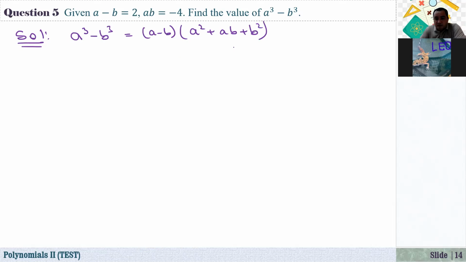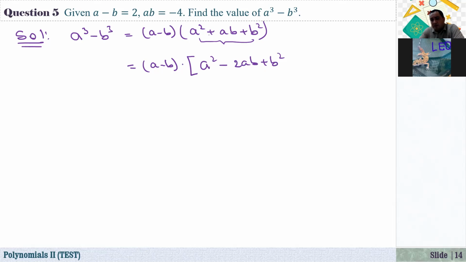And also I can continue. I can just write this one in terms of a minus b and ab. How? Equals a minus b, right? And this a squared, if I just add ab and subtract ab, here we have a squared minus 2ab plus b squared. Now I'm just adding minus 3ab and subtracting 3ab, right?